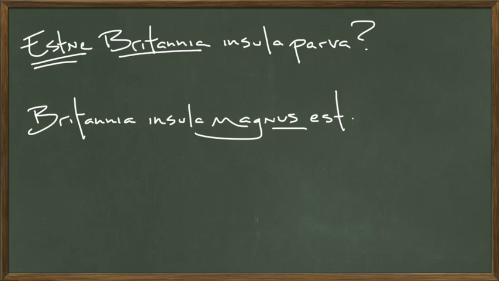That's incorrect, and it's incorrect because magnus is a masculine adjective, but this adjective here, parva, is describing insula. Notice the endings. Insula ends with an A, parva ends with an A. This adjective is describing this insula. Britannia is the subject of the sentence, nominative case, est is the verb.